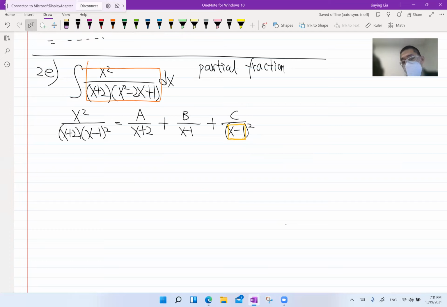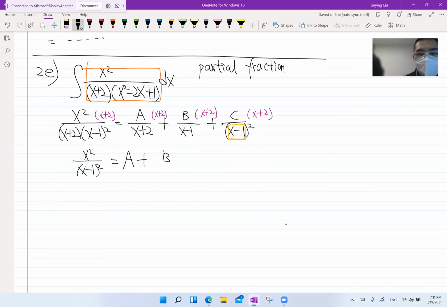So again, there are a couple of ways you can go from here. I'm sure some ways are a lot quicker and make more sense to you, but I'm going to take the more systematic approach. I multiply all terms by x plus 2 to isolate a. So I end up with x squared over (x minus 1) squared equals a plus the b and c terms, but they all have x plus 2 in there.